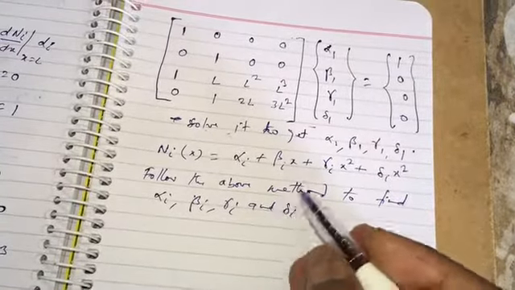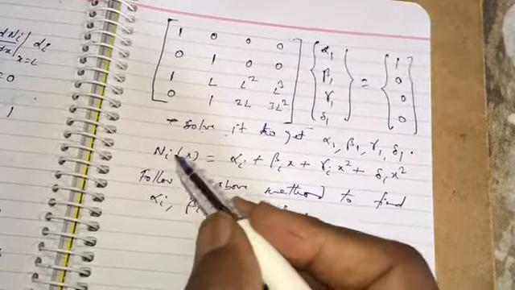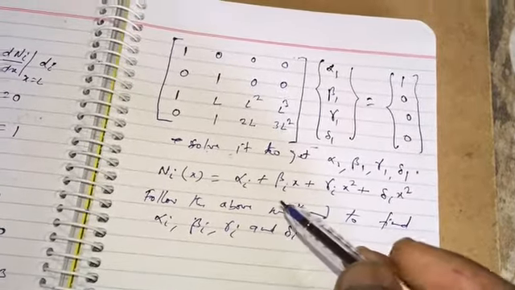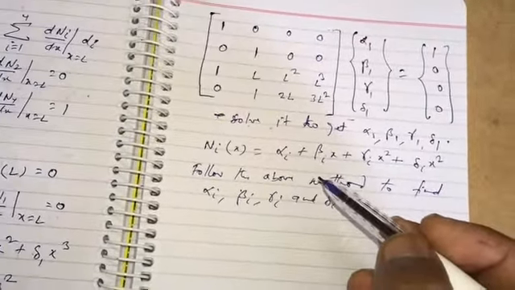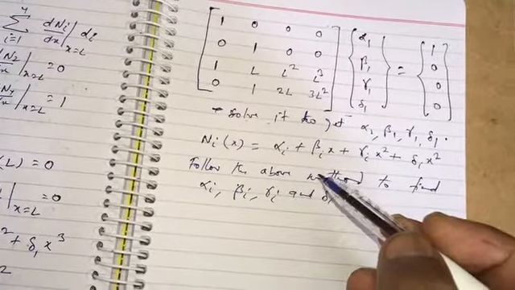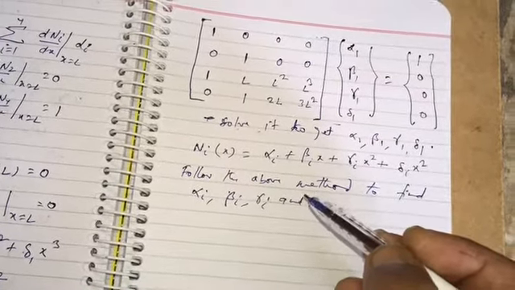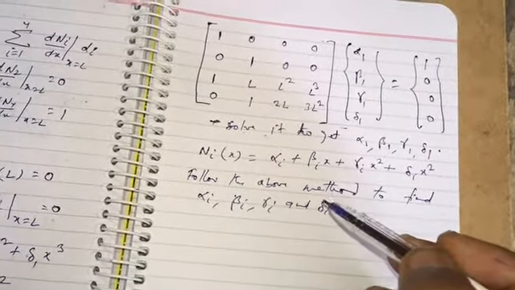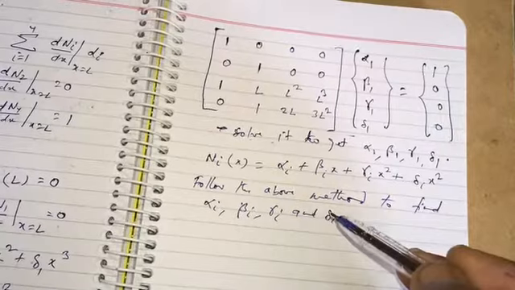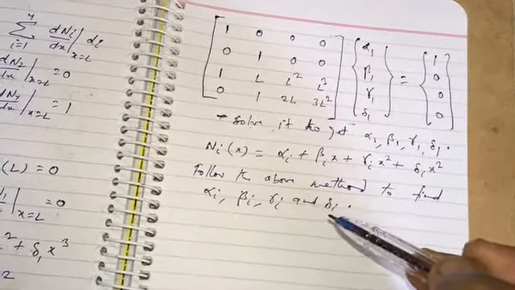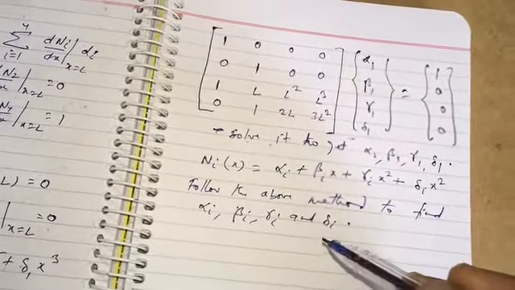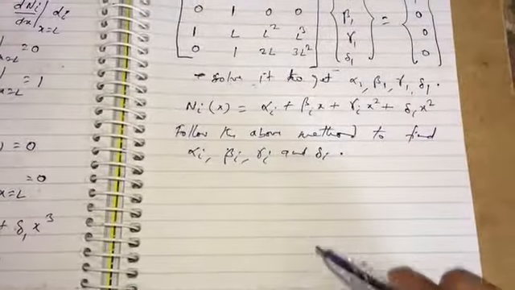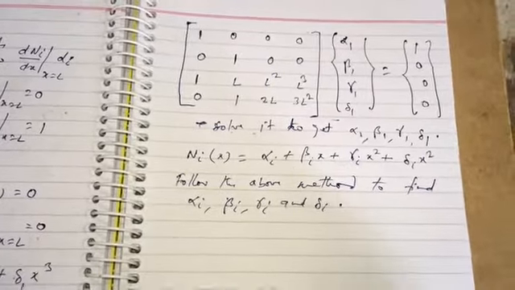So wherever you wanted to find out the shape function, we have the shape function, then we have the constraint applied, meaning that we know its values at certain nodes, and based on that we find out the coefficient. The same thing we are doing, but you know that this way it takes a lot of time, so we will find out a shortcut to do it, okay, as we have done earlier as well. We will find out the shortcut in the next lecture video.